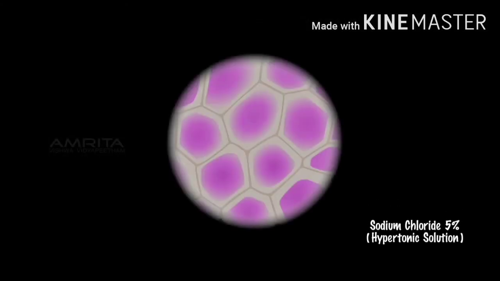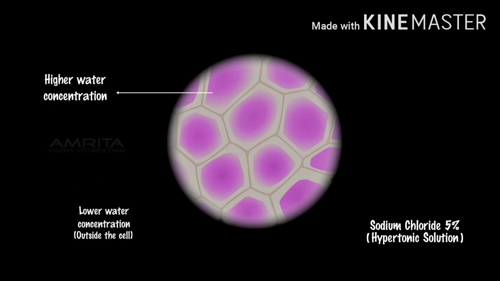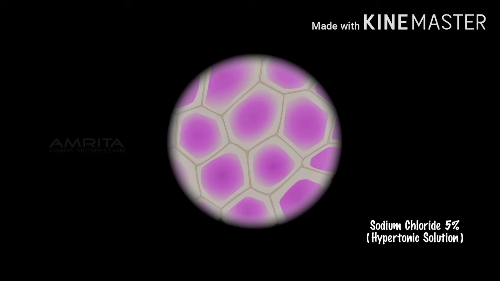Conclusion: when plant cells are immersed in sodium chloride 5% solution or concentrated salt solution, water moves through the cell membrane into the surrounding medium because the water concentration inside the cell is greater than outside the cell. Ultimately, the protoplasm shrinks and assumes a spherical shape.